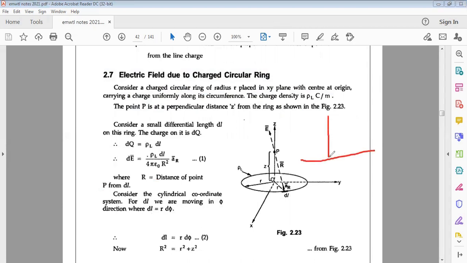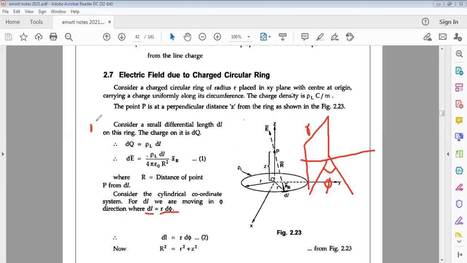Suppose the cylindrical coordinate system is like this: a plane with a move of phi angle, including the radius r. One of the differential elements in the cylindrical coordinate system that we consider as dl is equal to r into d phi.